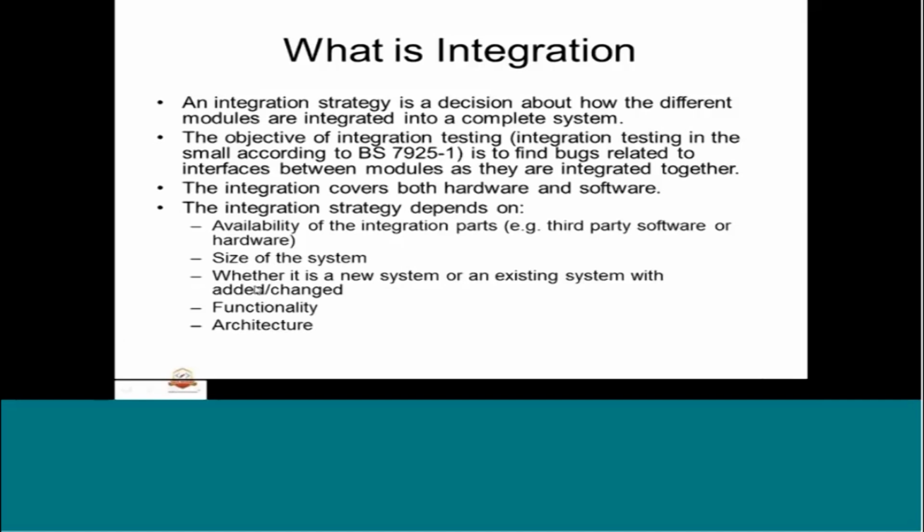The next one is whether it is a new system or an existing system with added changes. We know that a system is working, stable and qualified, and we want to enhance it, modify it, or add some features. That information is also important for integration, so that the strategy can be worked out.